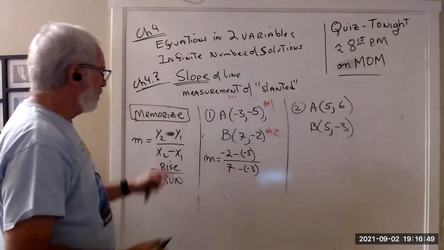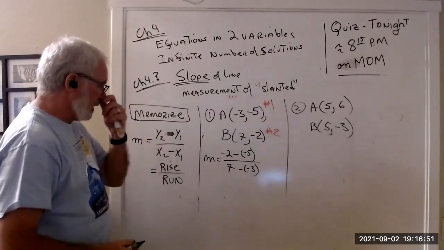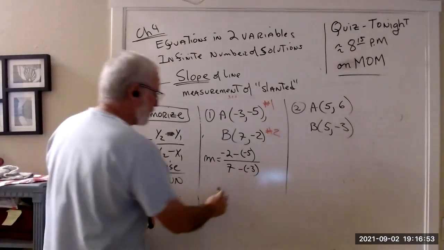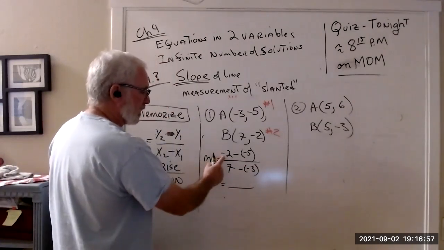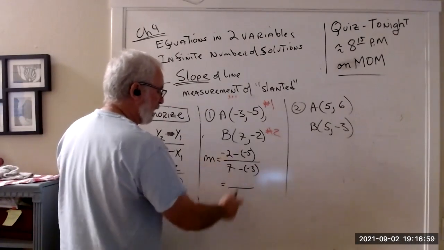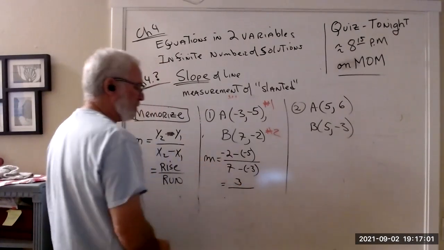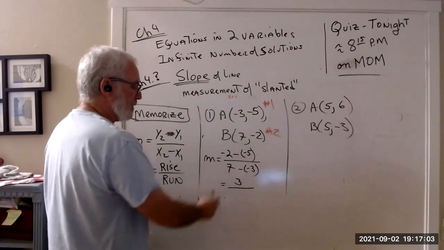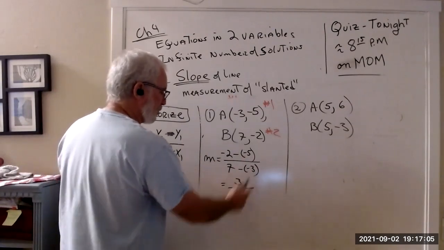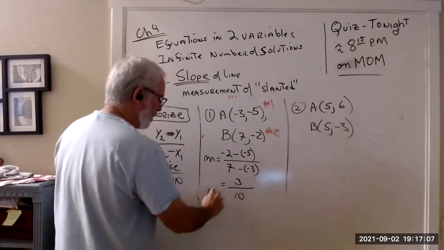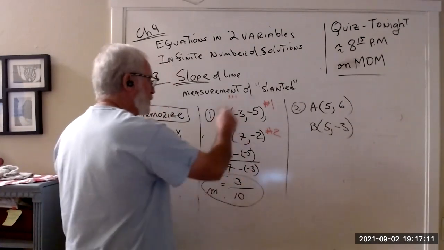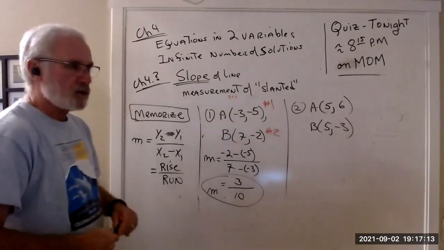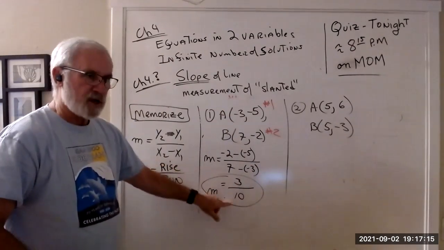Again, the formula has a minus in it. So now we do our arithmetic and minus minus becomes plus. So this is -2 plus 5, which is 3. And this is 7 plus 3, which is 10. So for these 2 points, the slope is 3 over 10.